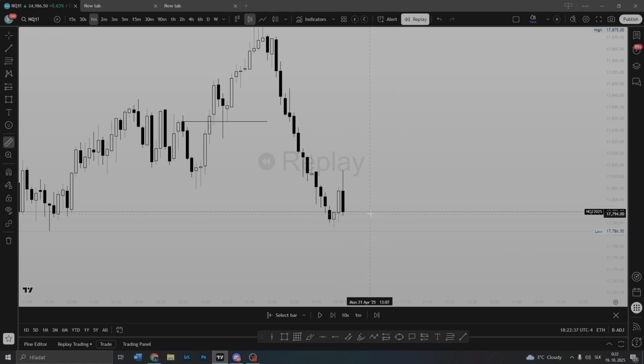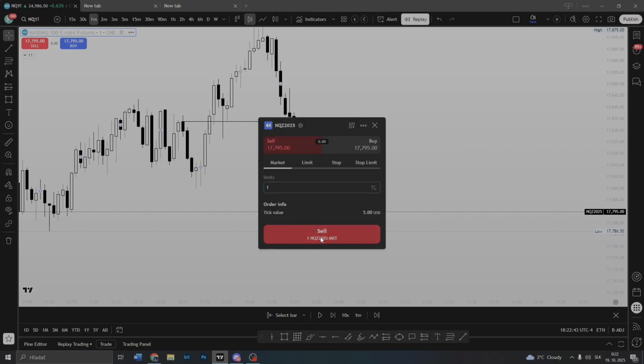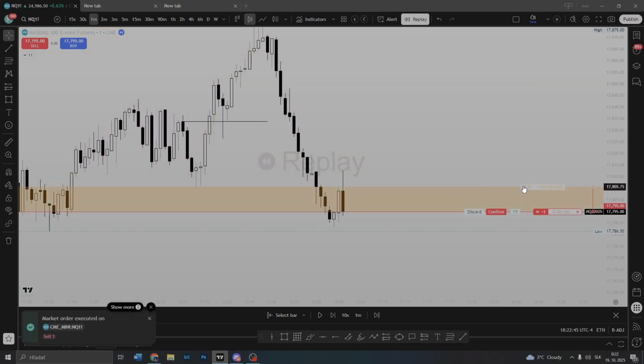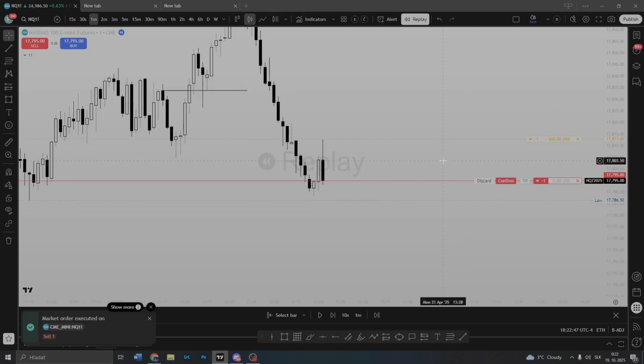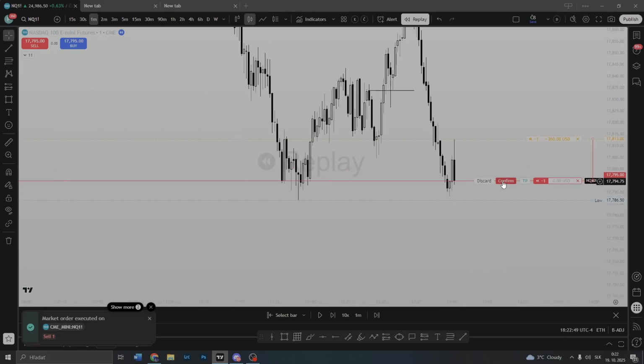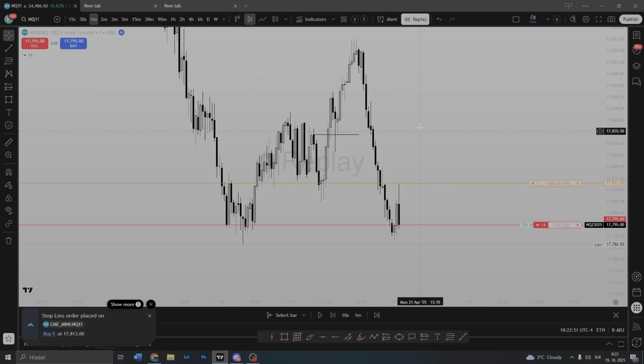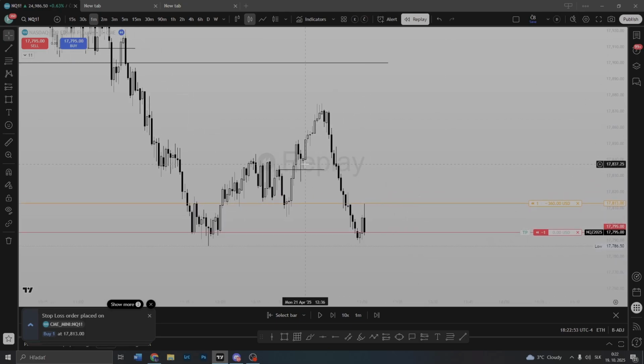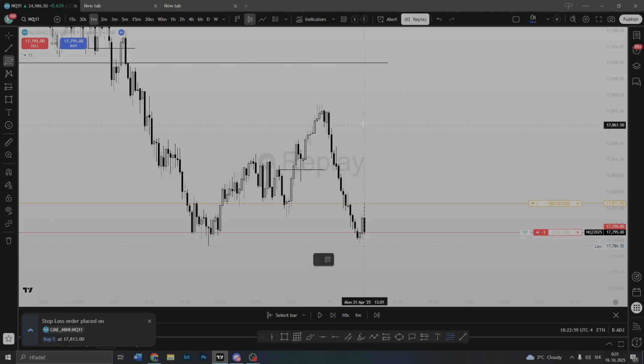If you are entering from here, how big is the stop? It's pretty huge. I'll take one con right here. I'll put my stop loss at the high of the candle. And that would mean that this could be our manipulation for lower, which would be pretty huge, to be honest.